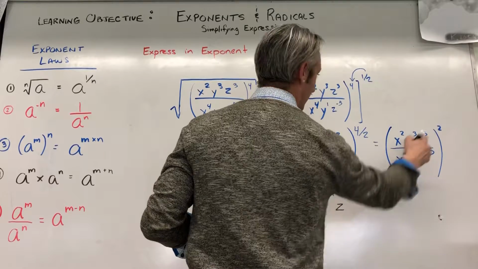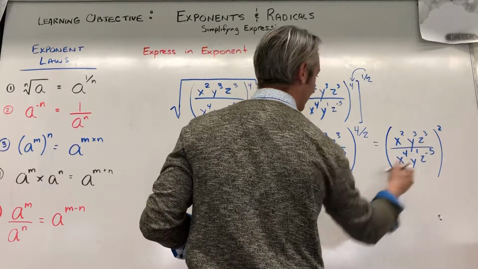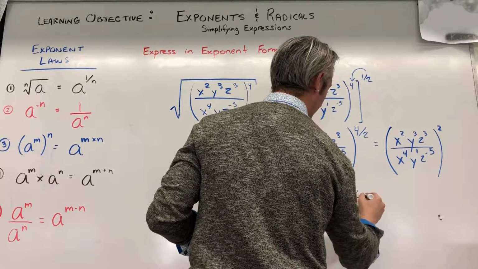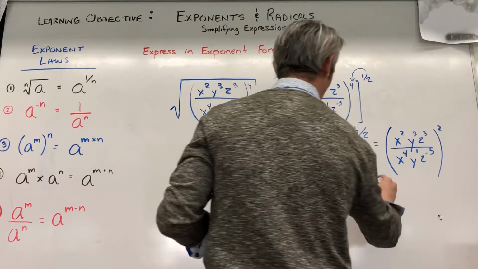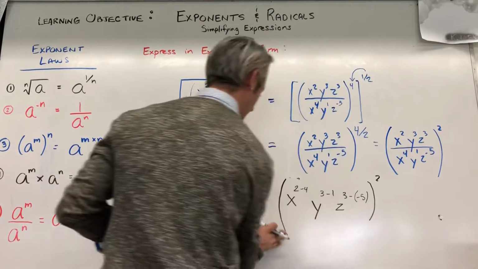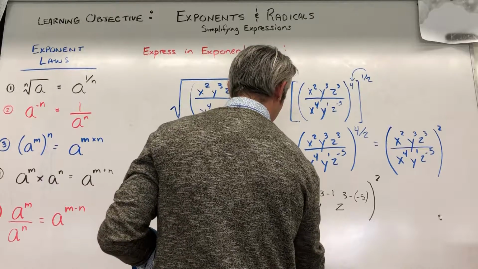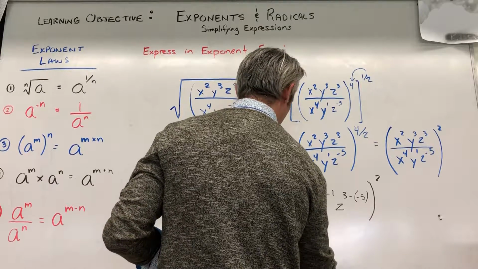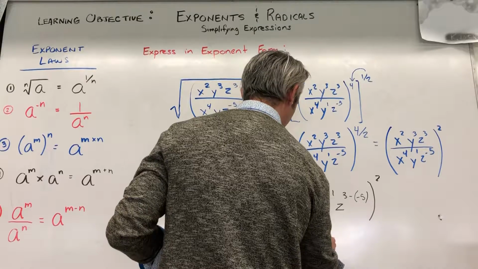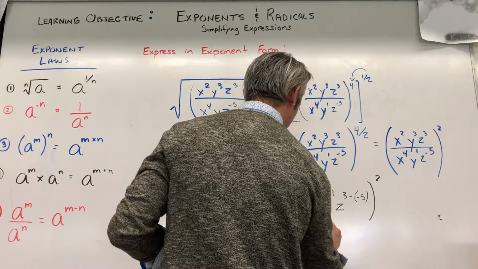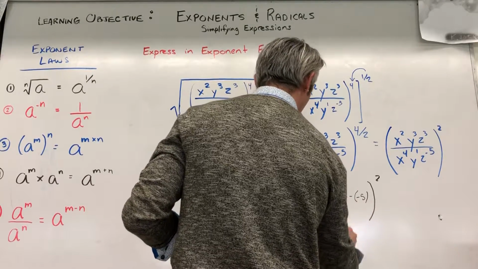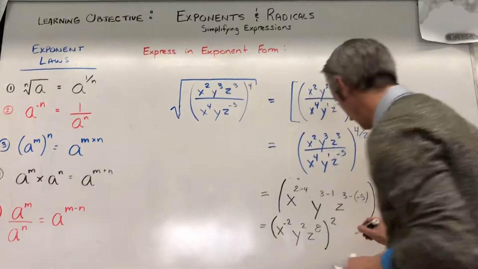And then z, 3, exponent on the top, minus negative 5, exponent on the bottom. And then all of this is going to be squared. So I've got x to the negative 2, y to the 2, z to the 8.